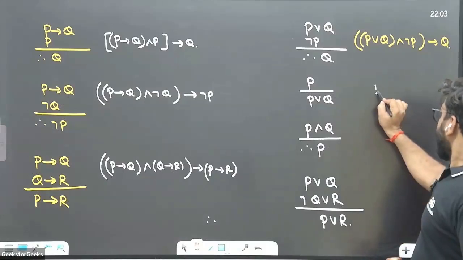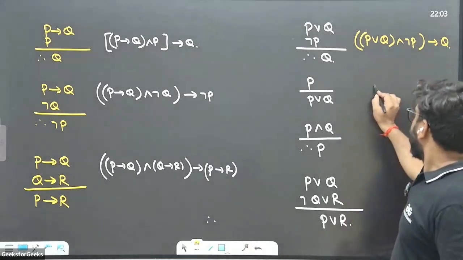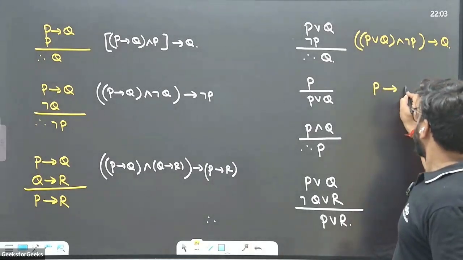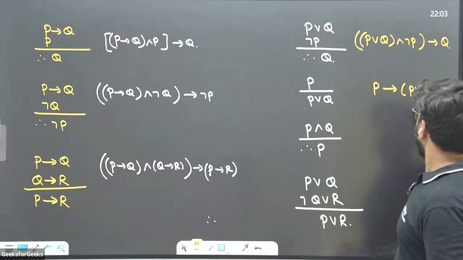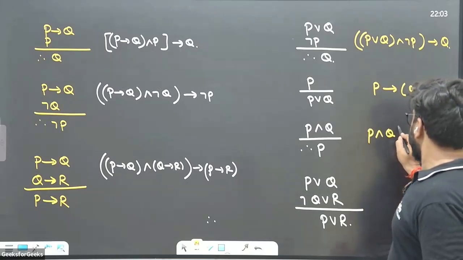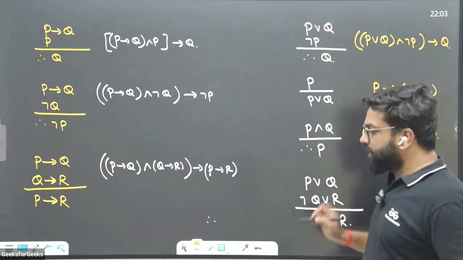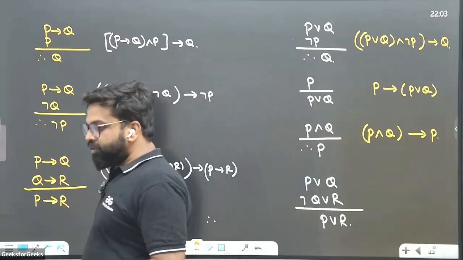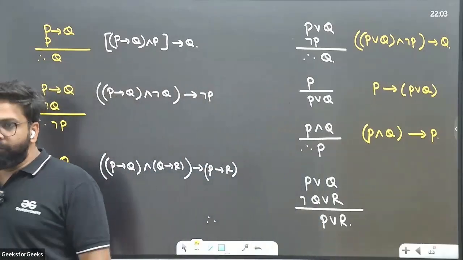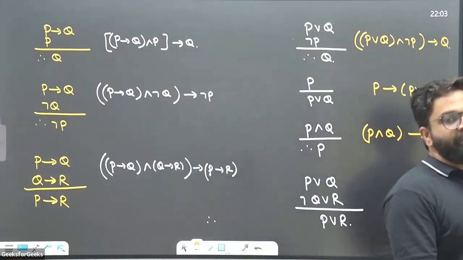Now, I can write it like this. Here it says that P implies P or Q. Now here I can say P and Q, and this whole thing is implying P. Now try to take the left side as true. When you take the left side, P and Q, as true, what are you getting?